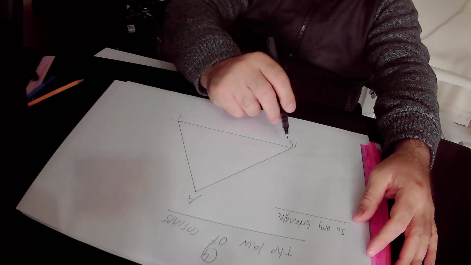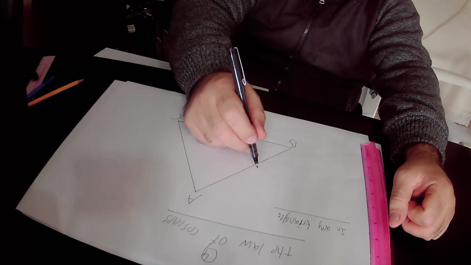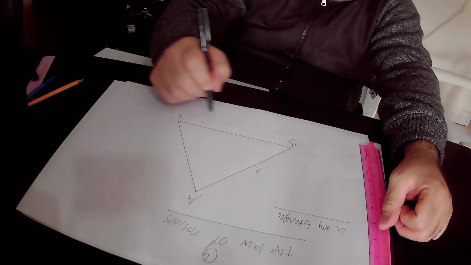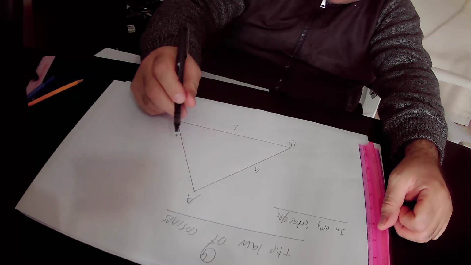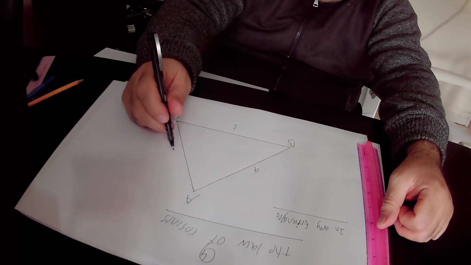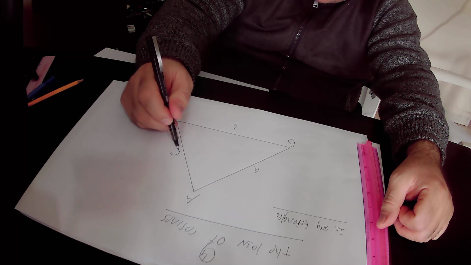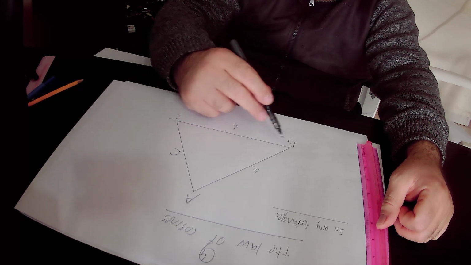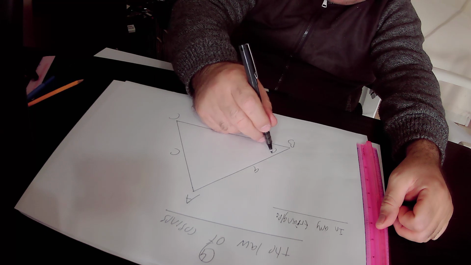And we know that side AB of triangle ABC equals A units in its length, side BC equals B units in its length, and side AC equals C units. And the angle between side AB and side BC is angle theta.